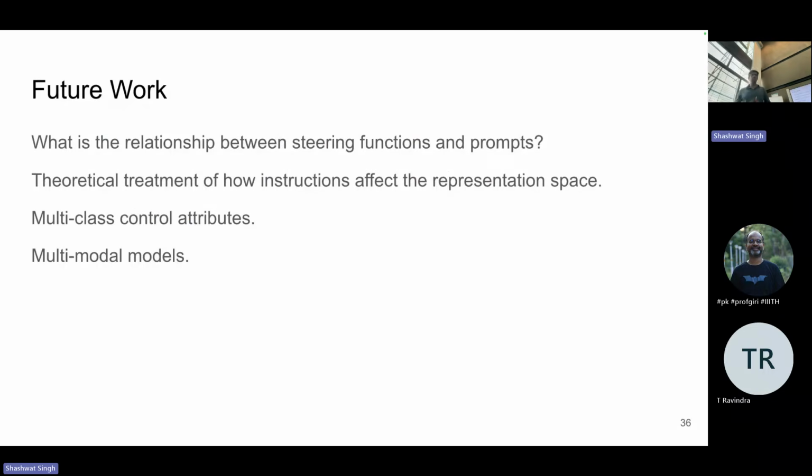This is a theme that I've been harping on from the start of this talk, which is that we are trying to treat these representation spaces as people deal with images and such. So now how does that change when you actually have multimodal models in the same space that are putting all the different modalities together? What can you do from here and there?